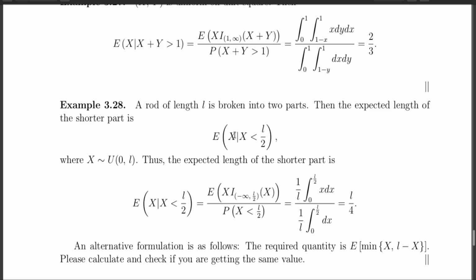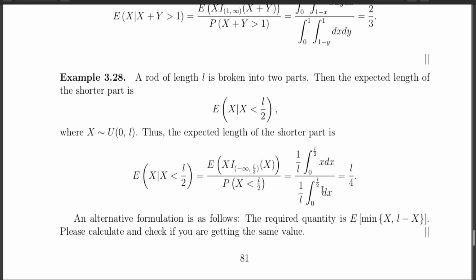And what is the distribution of X? The distribution is uniform on 0 to L because I can break at any point. So the density function will be the same on all the points inside the interval 0 to L, and uniform has such a density. Now the rest of the computation is quite simple, and it turns out to be L by 4.